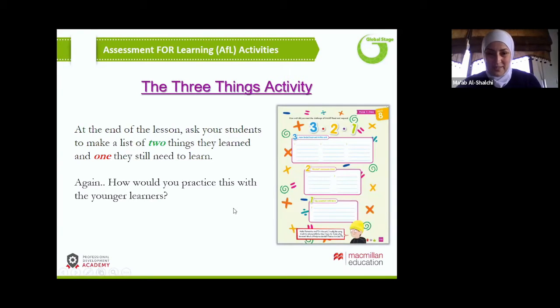So if you can see the sheet here on the right side, it says 1, 2, 3, and you review the process. 3 things you've learned, 2 things that were really very interesting, and the big question.